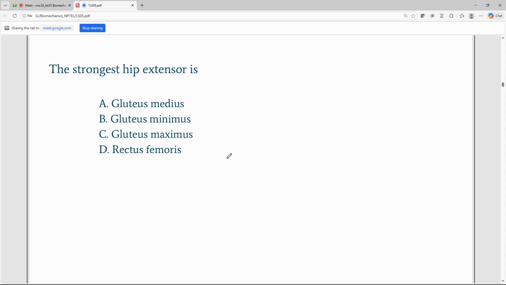Next question, the strongest hip extensor. Before, the question was on flexor. So here the question is, which is the strongest hip extensor muscle among the following? Options are gluteus medius, option B gluteus minimus, option C gluteus maximus, option D rectus femoris.